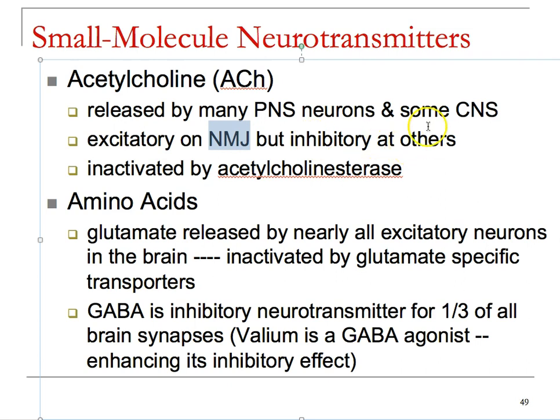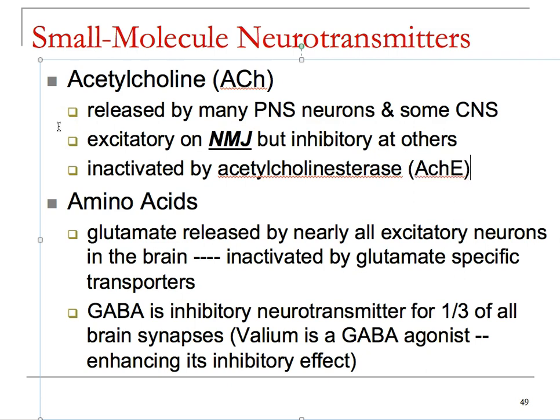So this is one really important example of a plus and a minus. It's excitatory at one place, just make sure you get that. And it's inactivated by acetylcholinesterase, AChE.